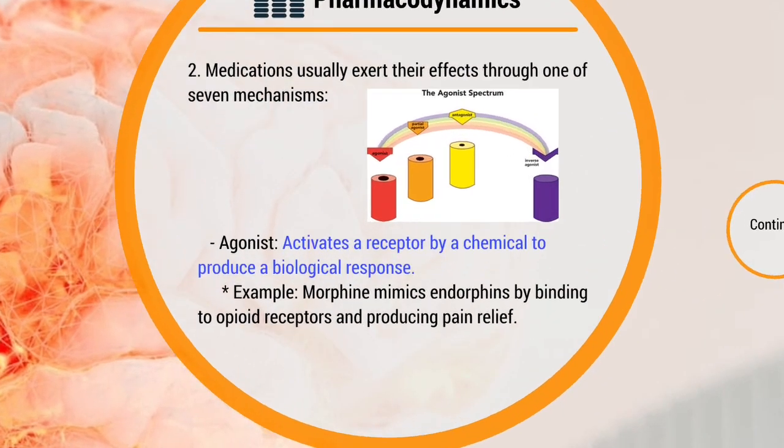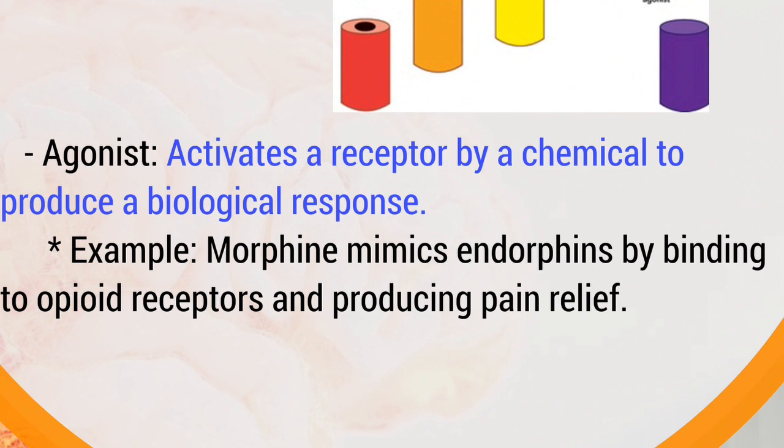But let me specifically talk about agonism. Agonism activates a receptor by a chemical to produce a biological response. For example, morphine mimics an endorphin by binding to opioid receptors and producing pain relief.